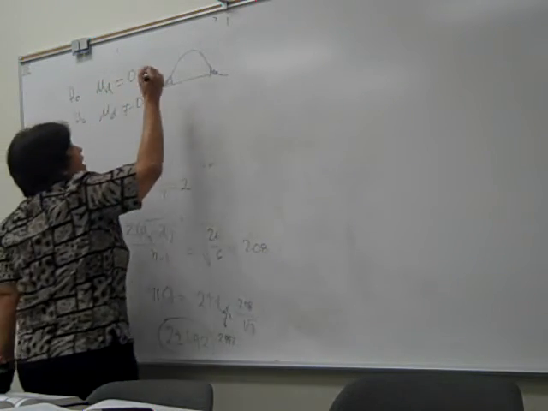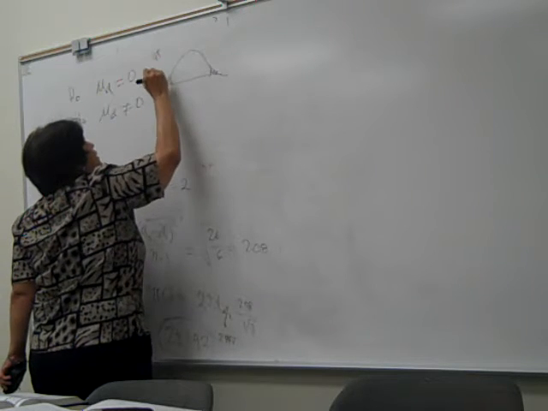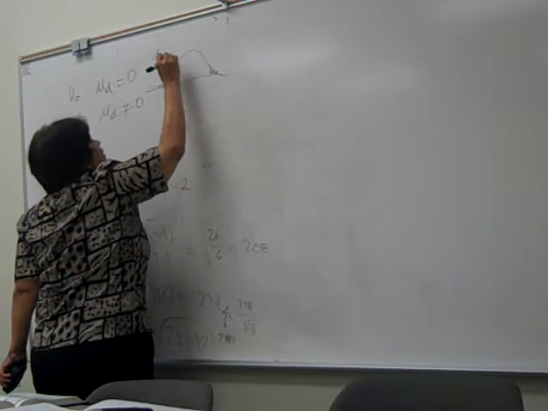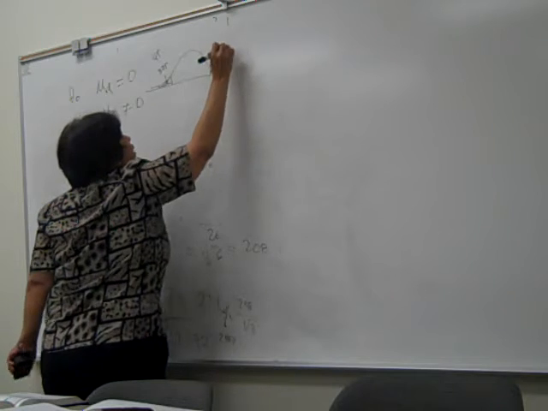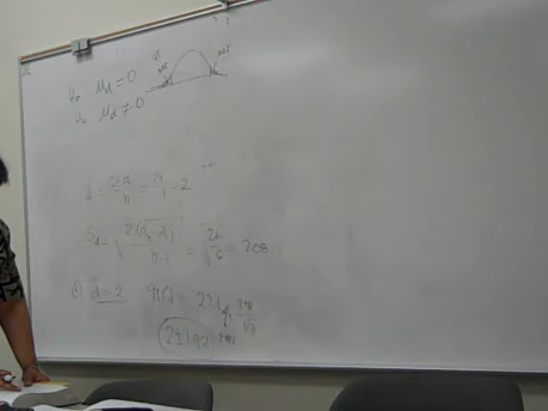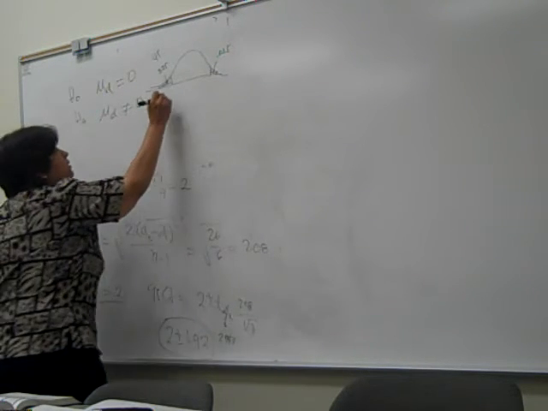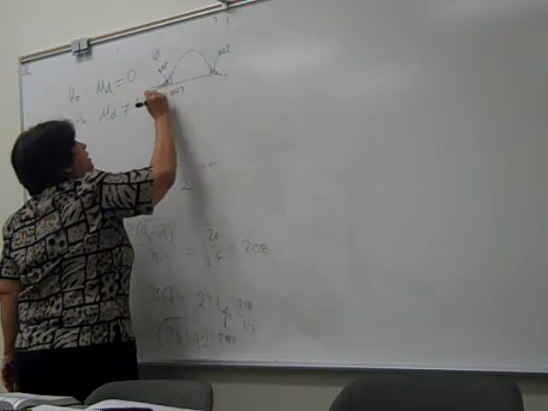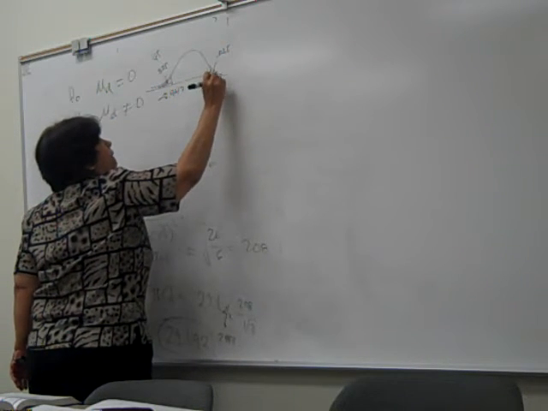And if we are dealing with a 95% confidence level, we are dealing with 0.025 here and 0.025 here, okay? And the critical values are, remember, n minus 1 degrees of freedom, 6, and 0.025 is 2.447, negative and positive.